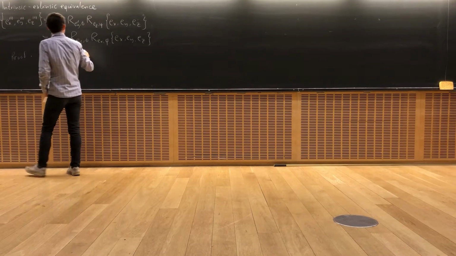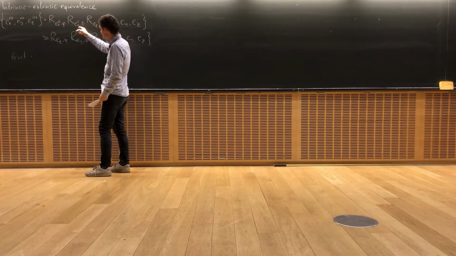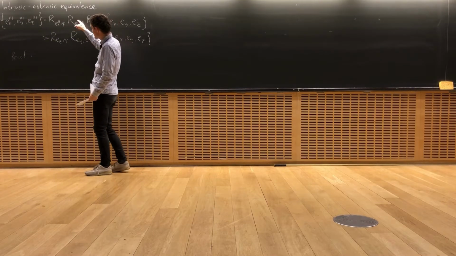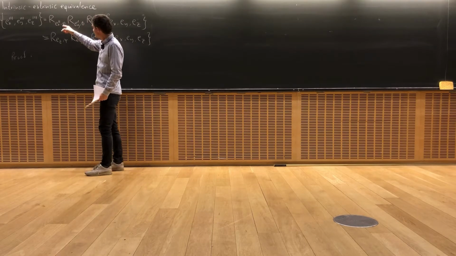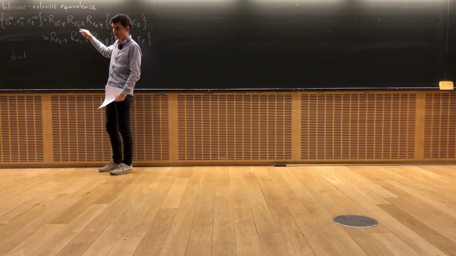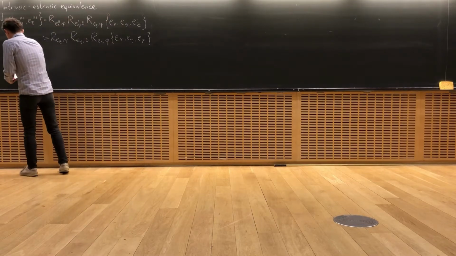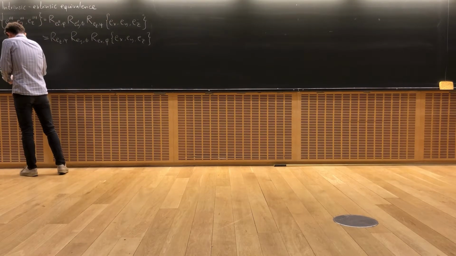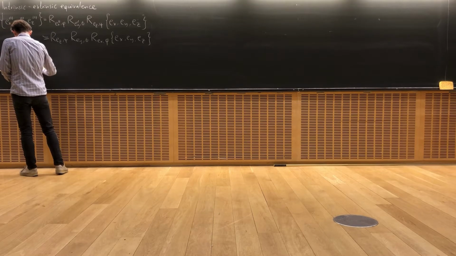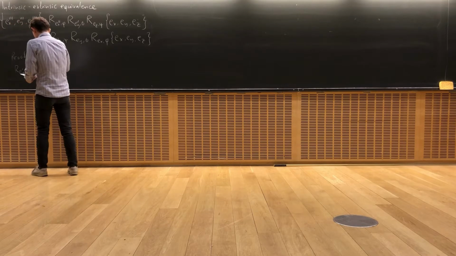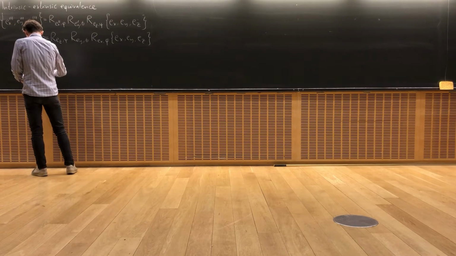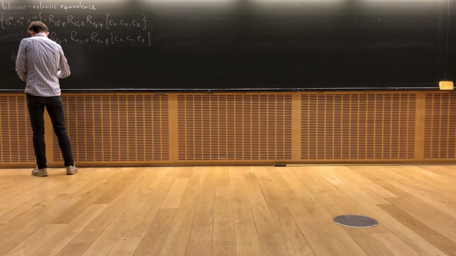So let's start with the y-axis. We have to deal with this rotation matrix and this rotation matrix, and we want to get this modified rotation axis out of them. So for the y-axis rotation, we can write it like this.